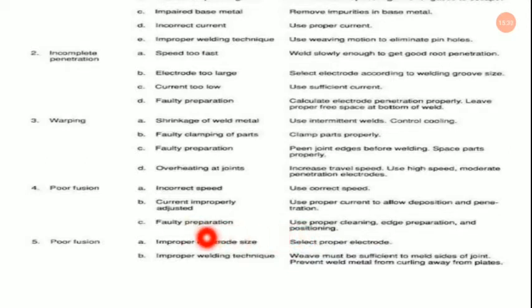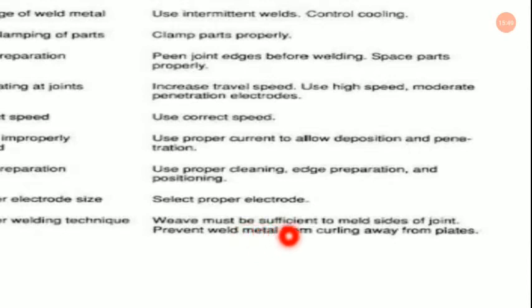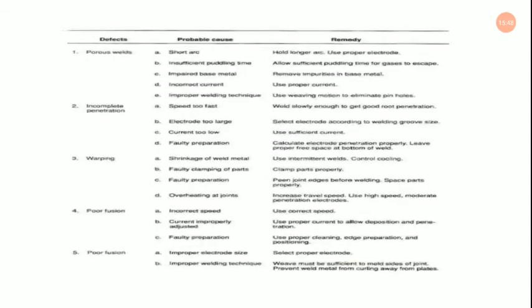Another cause is improper electrode size and improper welding technique. Remedy is to select the proper electrode. The weld must be sufficient to melt the sides of the joint and prevent weld metal from curling away from the plates.